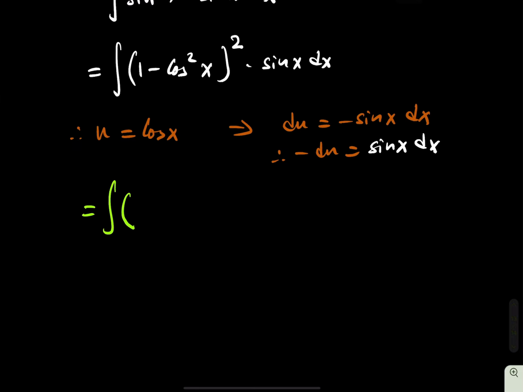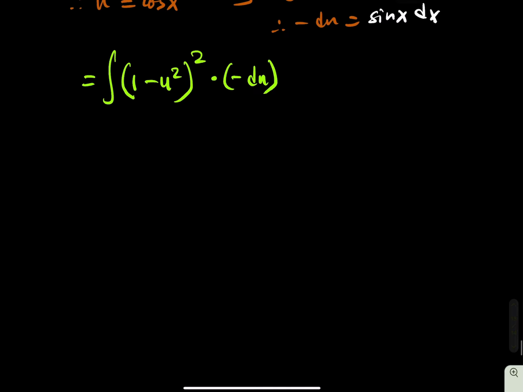This becomes the integral of 1 minus cos squared, but your cos is u. So you will say it's 1 minus u squared, everything squared, multiplied by sine x dx, which is minus du. As a result, I'm going to take that negative out. So I'm left with 1 minus u squared, all squared, du.